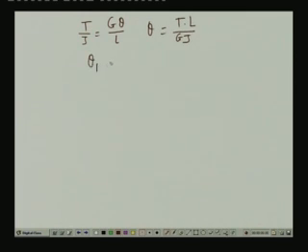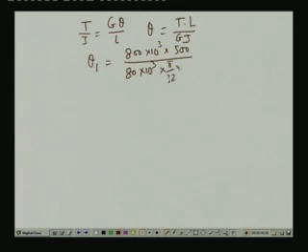Now, let us look into the value of the rotational angle theta. As you have seen, T by J is equal to G theta by L. So, theta gives us a value of TL by GJ. Now, for segment 1, if we compute theta, this is equal to 800 into 10 to the power 3 into L equal to 500 by G, which is 80 gigapascal into 10 to the power 3, into pi by 32 into 40 to the power 4.